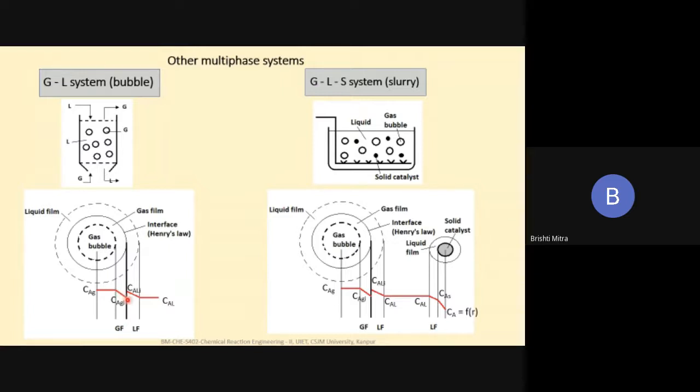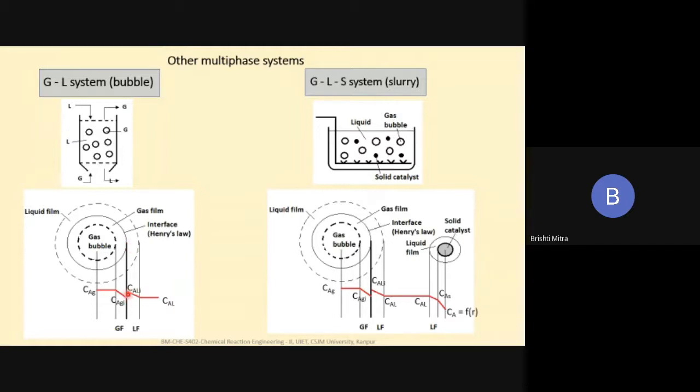I stands for the interface. And what is the interface? This is the interface between the gas and the liquid, the gas film and the liquid film. If you remember your two-film theory in mass transfer, there are resistances both in the gas film side and the liquid film side. The concentrations at the interface are related by Henry's law.